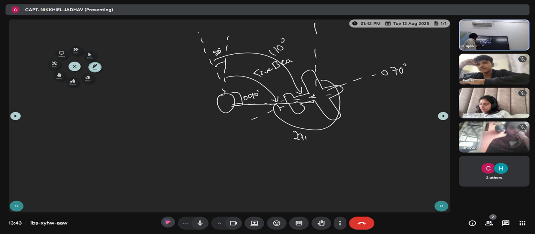What will be the relative bearing? From the nose of the aircraft to the station, this 270 minus this 070 will be 200 degrees, which will be your relative bearing.